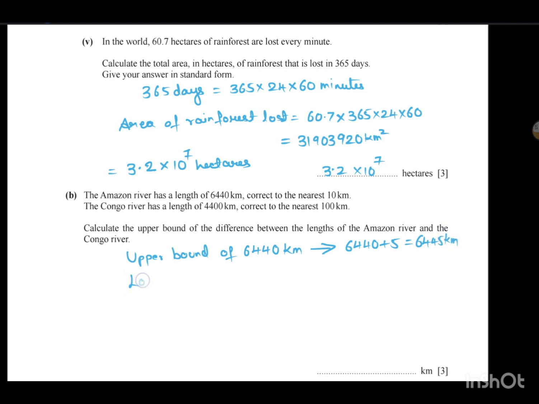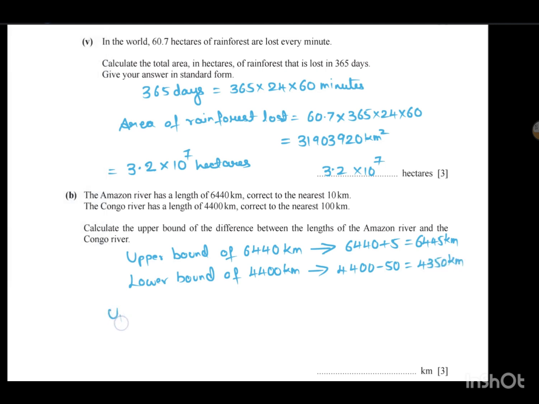Then we have to take the lower bound of 4400. So lower bound of 4400, we need to take half of 100 because it is nearest to 100 kilometers. Half of 100 is 50. So 4400 minus 50. Lower bound should be subtracted, right? So minus 50 is equal to 4350 kilometers.